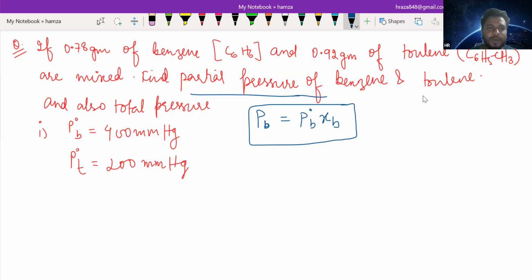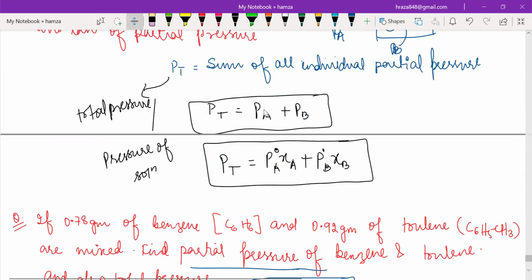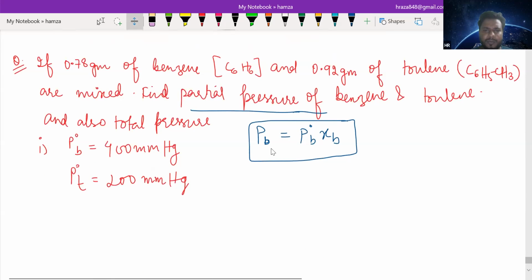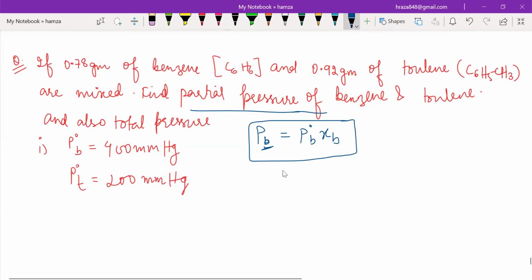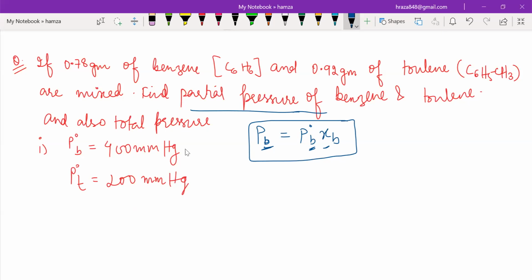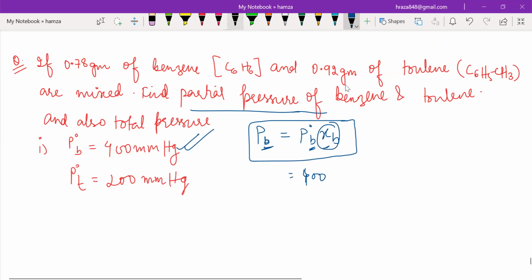You know that PA is equal to P naught A into mole fraction A, that's the formula for A. Now for B, benzene, the partial pressure of benzene will be equal to pure pressure of benzene into mole fraction of benzene. The pure pressure is already given, so I can put the value 400, and you can calculate the mole fraction of benzene also.